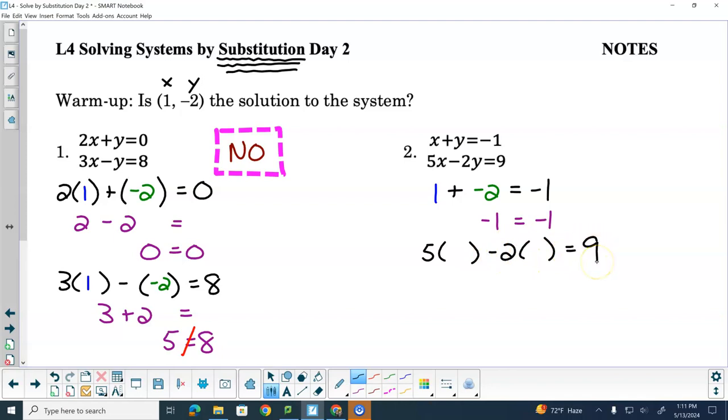Works in the first one, but then again, that doesn't necessarily mean that it works in the second one. 5 times 1 is 5. -2 times -2 is +4. 5 plus 4 is 9. So 9 is equal to 9. So it works in both of them. So is it a yes or a no? Yes. It's a yes.